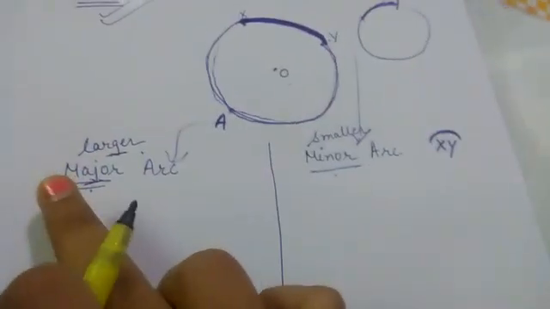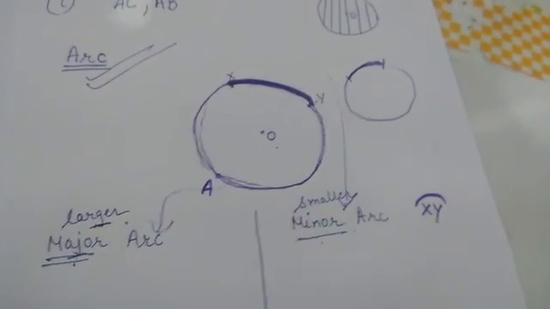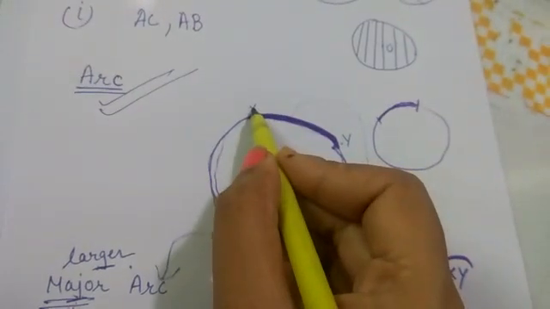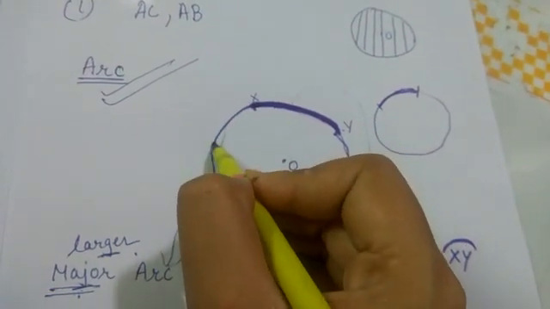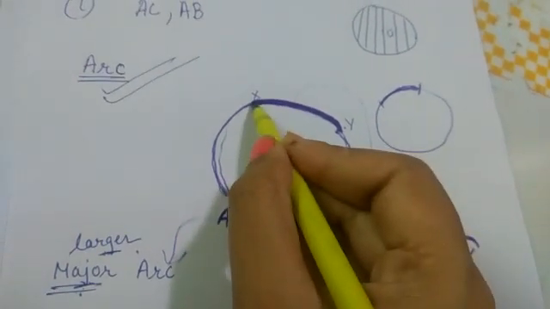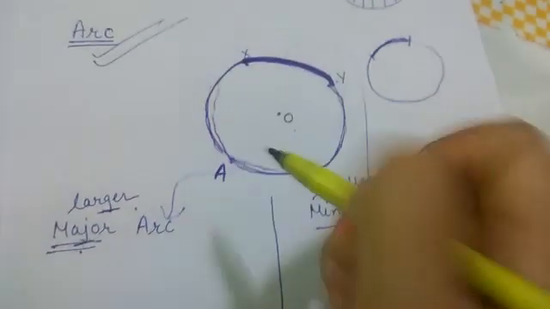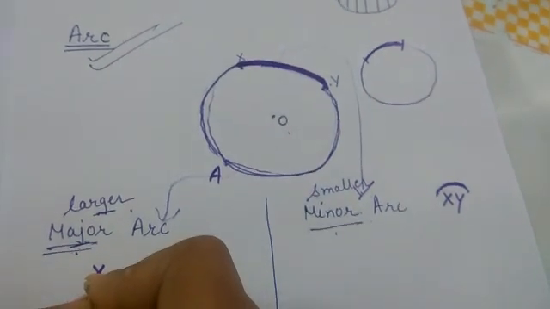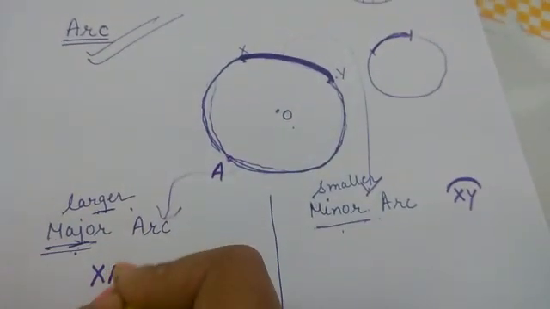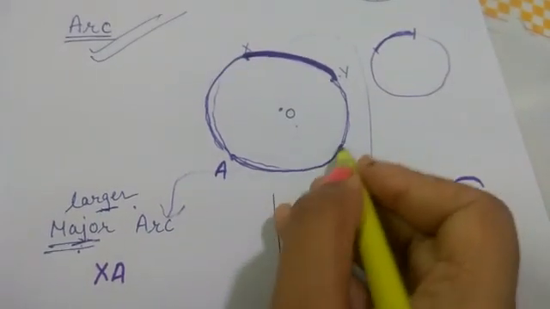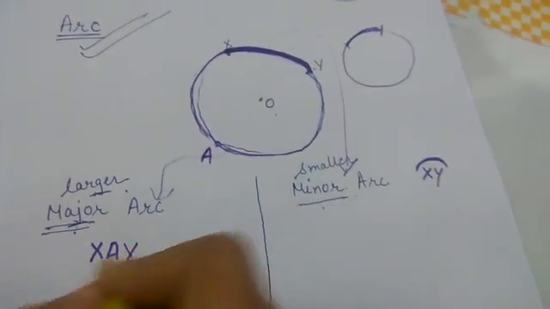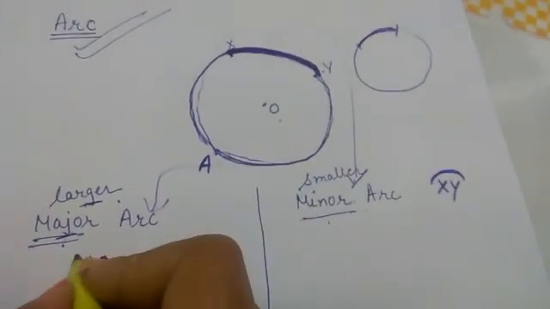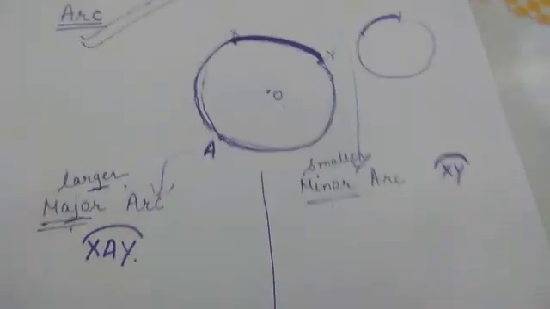Get it? Now see, major arc. When you write the major arc, you have to move from this point and go around this way. When you are moving, point A also comes. So firstly the X point, then the A point, then obviously the Y point. So the name of this arc is XAY, and write it this way.